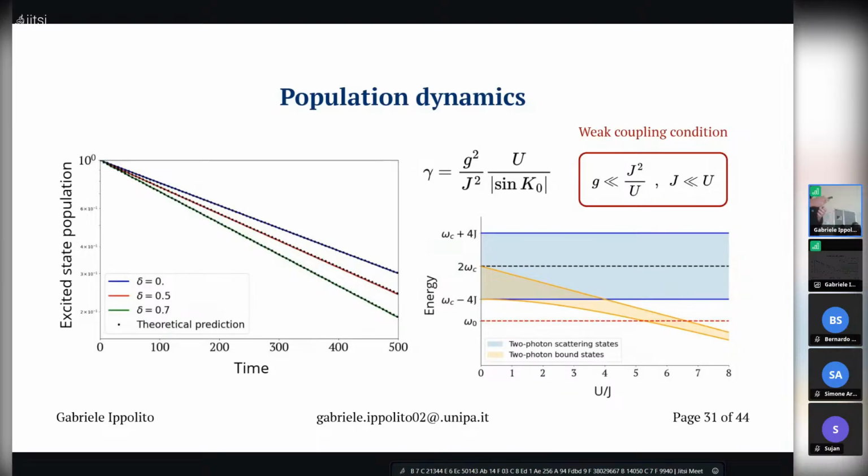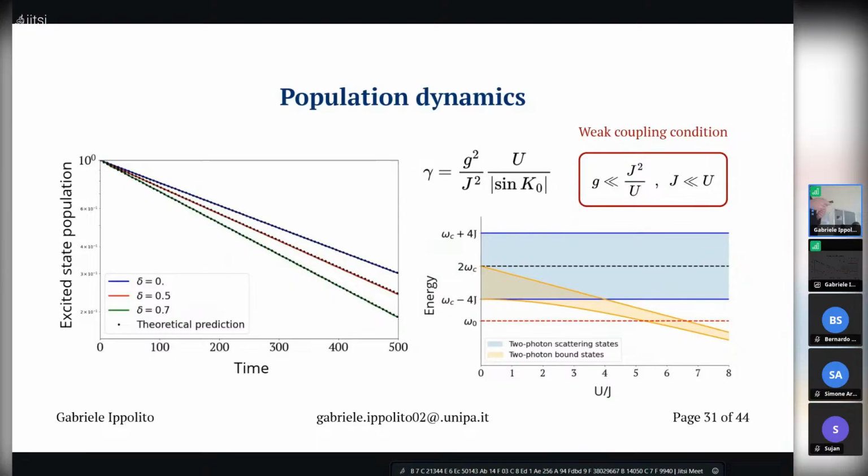And this is the decay rate that I was able to compute analytically. And very interestingly, it scales like the inverse of the sine of K0, where K0 is the resonant center of mass momentum of the couple, because now we have two photons.